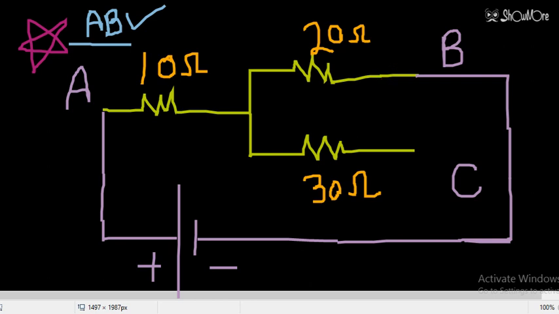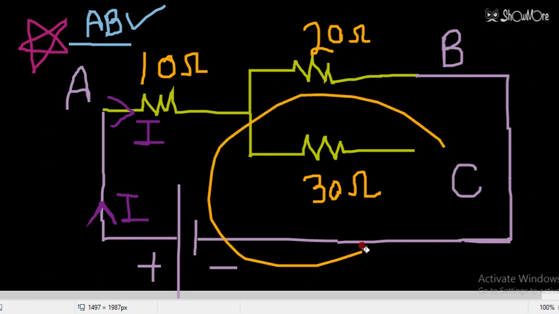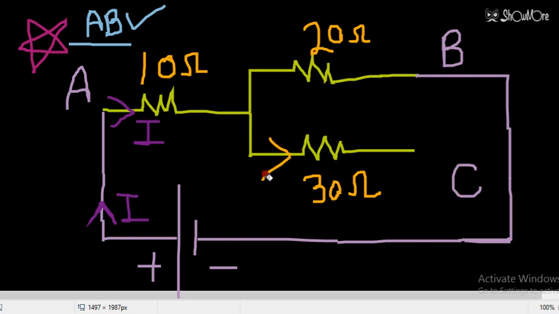So now you can see current is coming from the battery. Some current will flow here, same current I. Then students, note down the condition for circuit. Whenever there is open circuit, like you can see here, if some current goes here, then after this end where will it go?